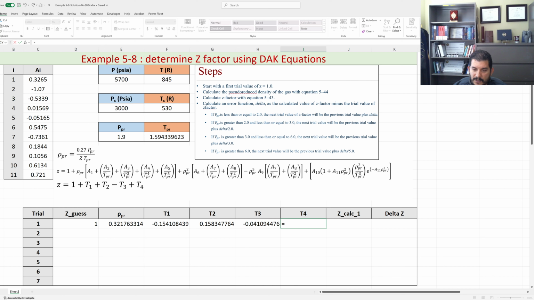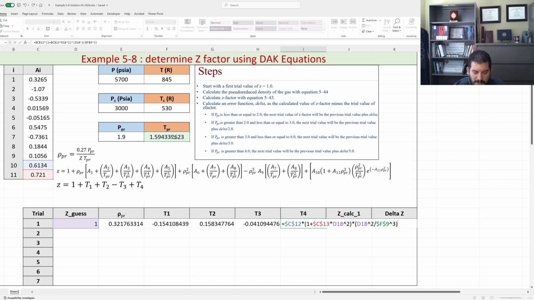We'll start with A10 right there, lock it, times open parenthesis 1 plus A11, lock it, times the pseudo density, we don't lock this one, up to 2, squared, close the parenthesis, times, open another parenthesis, it's the same thing, the density up to 2, divided by TPR, locked, up to 3.